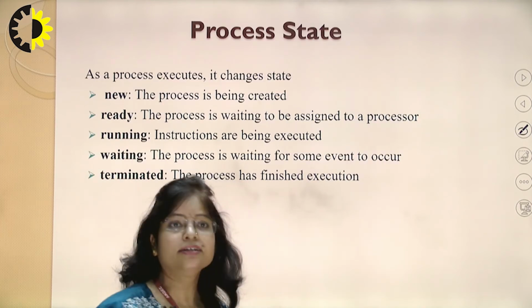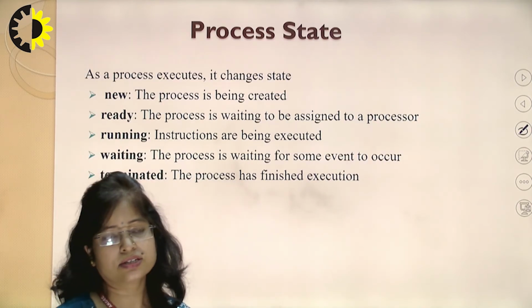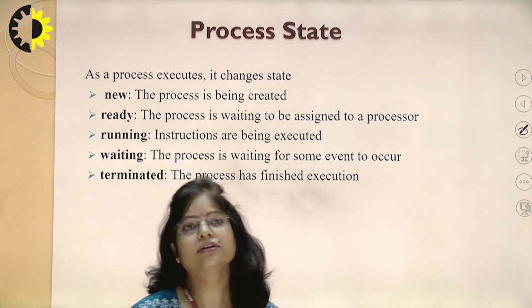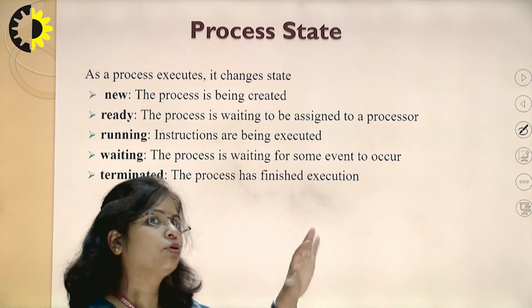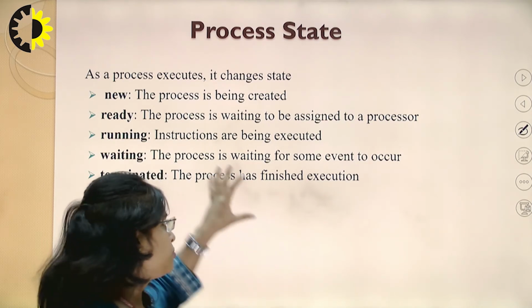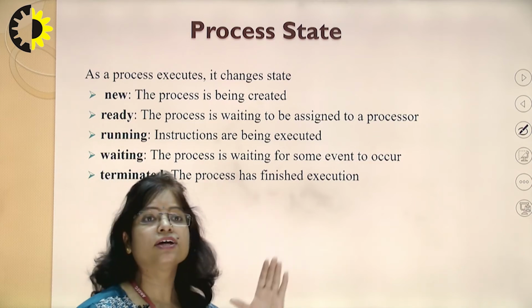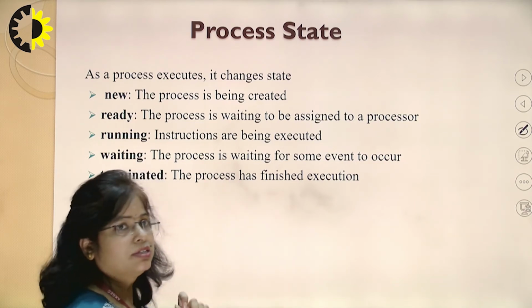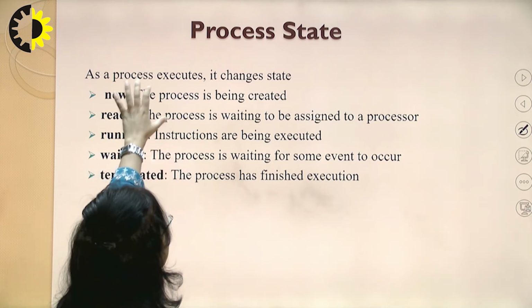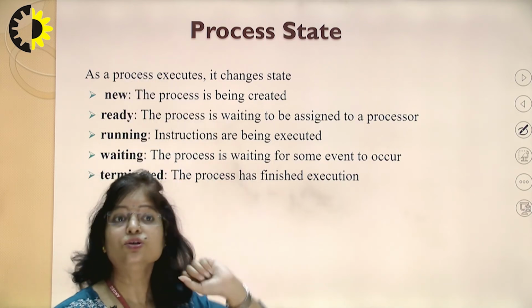Next, what are the different states of a process? As human beings have a life cycle, similarly a process has a certain life cycle. In that life cycle, the process goes into different states. When a process comes into existence, that state is known as the new state.